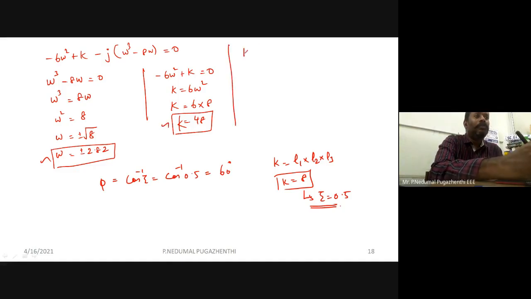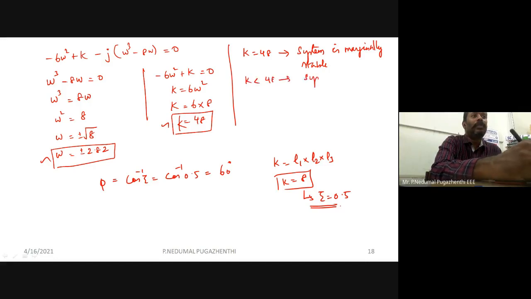Okay, if K is equal to 48, what it says, the system or the transfer function is marginally stable because your pole has moved to the imaginary axis. If K is less than 48, system will have poles in the LHS.